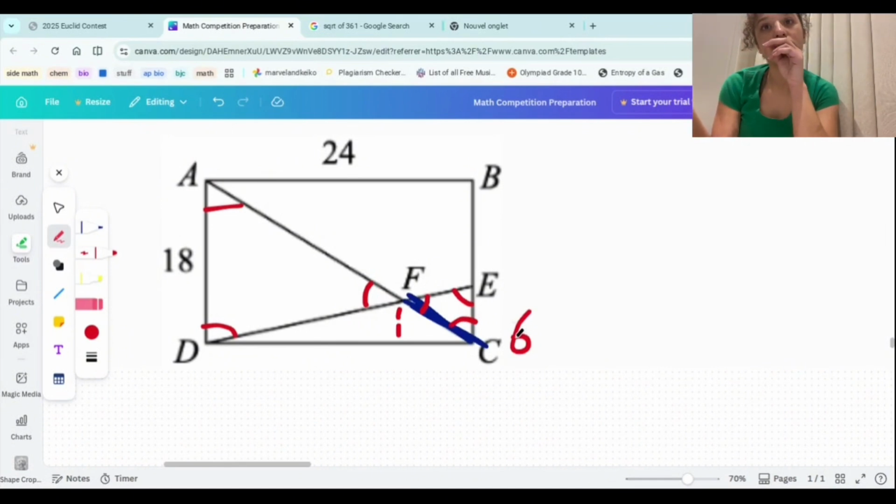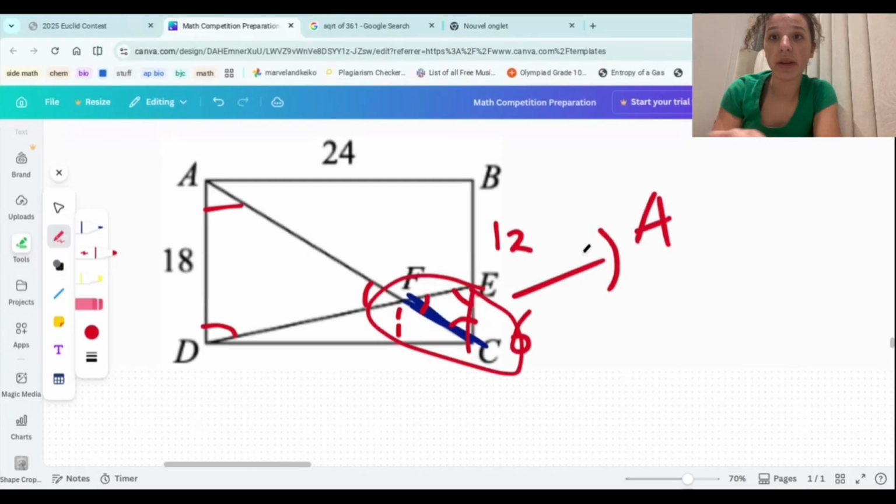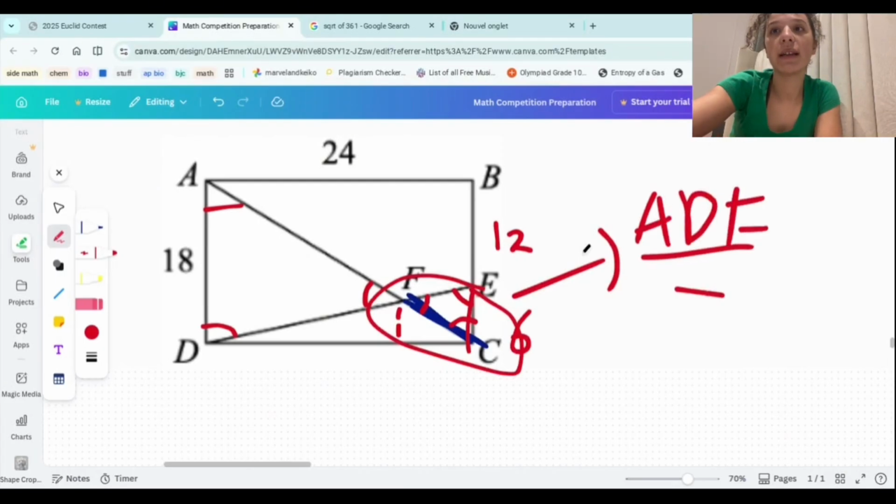I don't actually know how that's going to help me though, but okay. Well, I know BE is 12. Oh. Okay. If I know this is 6 versus this is 18, this triangle is scaled down by 3. It's the same as ADF over 3.